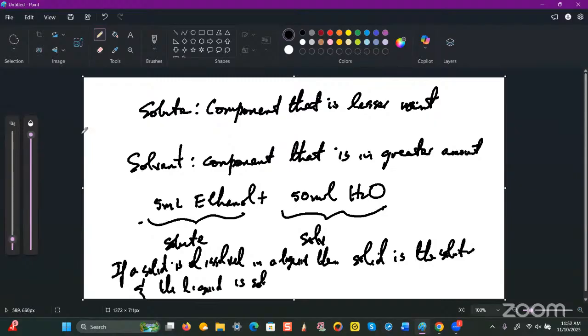All right, so for example, if I add salt to water and the salt dissolves, then in that particular solution, the salt would be the solute and the water would be the solvent.